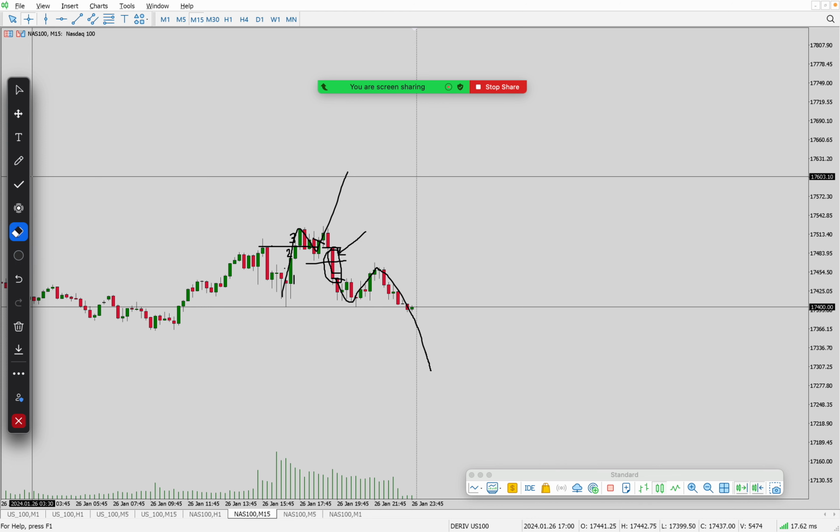Let me remove the annotations and just draw what an imbalance would be in this case. Okay, we have this swing low, and then this candle pierces past that swing low. So essentially the close of this down close candle and the open of this down close candle, the area in between is treated by the algorithm as a gap.